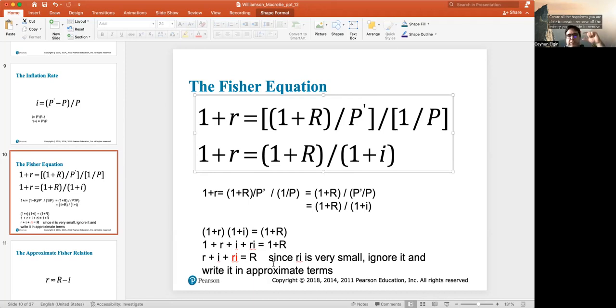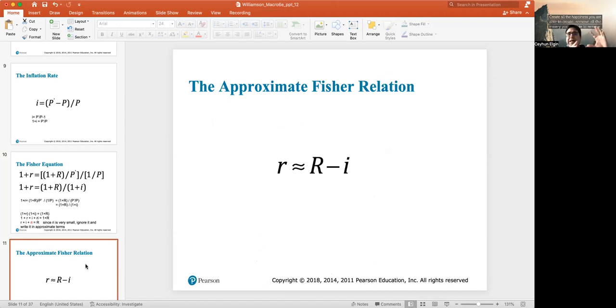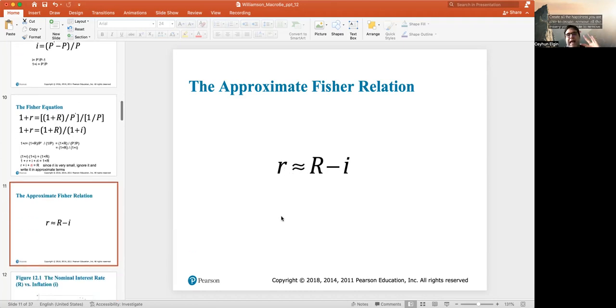Therefore, this product r times I can easily be ignored. And therefore, not in exact terms but in approximate terms, this can be written as lowercase r is approximately equal to capital R minus I. This is where it comes from.